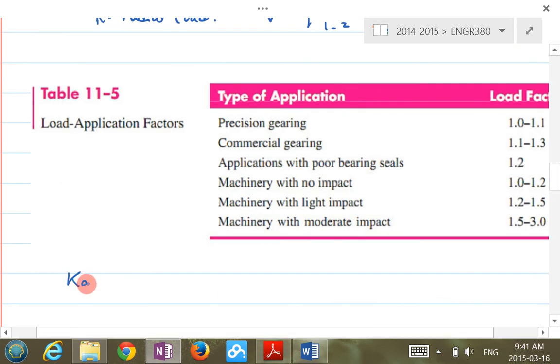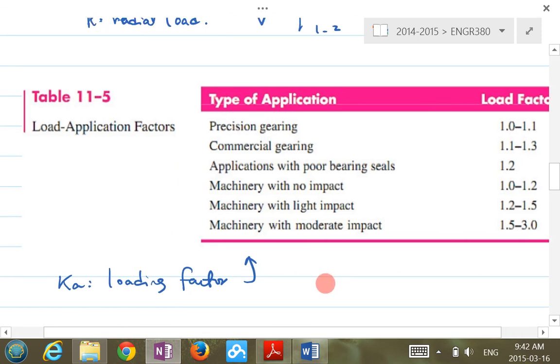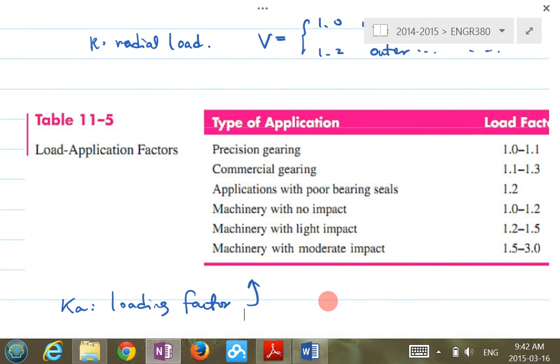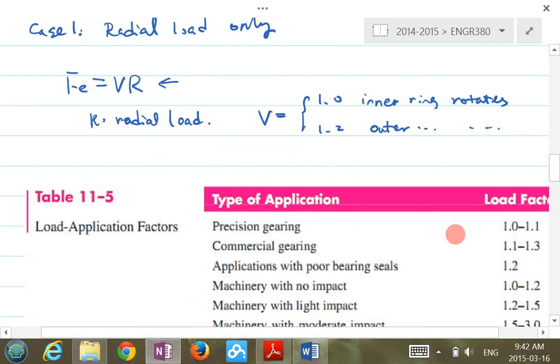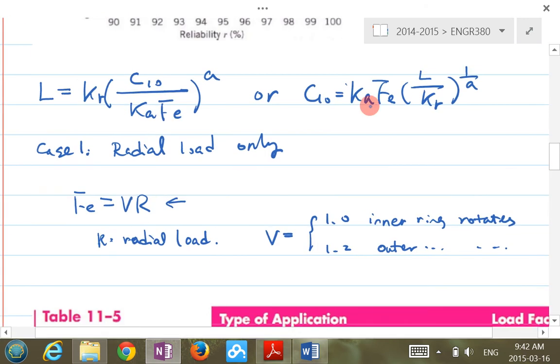Taking from this table, you have different kinds of loading conditions for the application, whether you have light impact, no impact, or moderate impact, and you pick a loading factor from this table. Typically, in our application, we'll just assume it is 1, if nothing really serious happens, so we'll just pick it as 1 for this Ka.